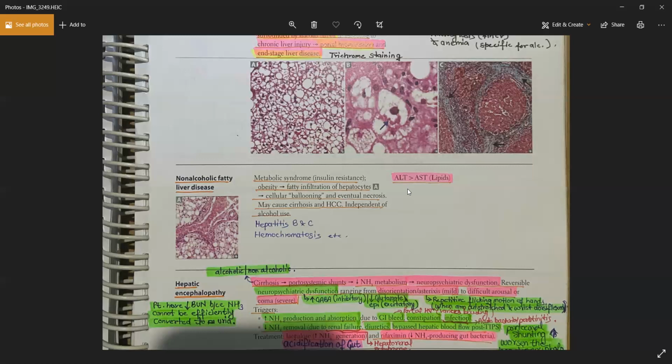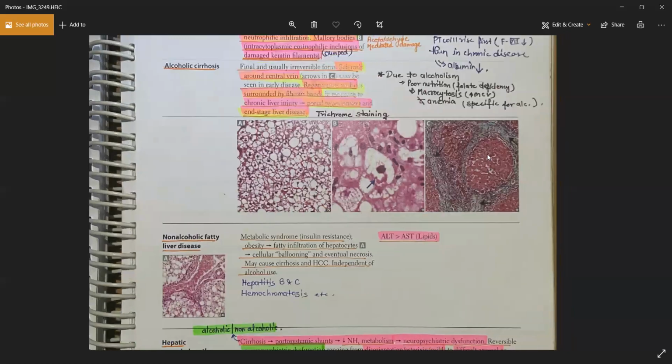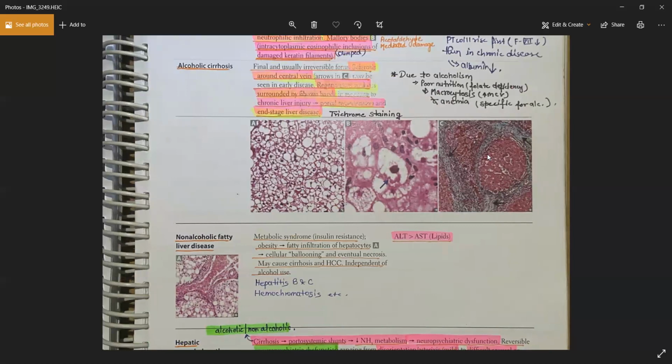Can you explain the third picture in the alcoholic liver disease? This one? Yes. This is alcoholic cirrhosis. Whenever you get cirrhosis, you will get fibrous bands in the liver. Because of destruction of the complete architecture, still some stem cells remain in the liver. These stem cells will regenerate and form nodules known as regenerating nodules.